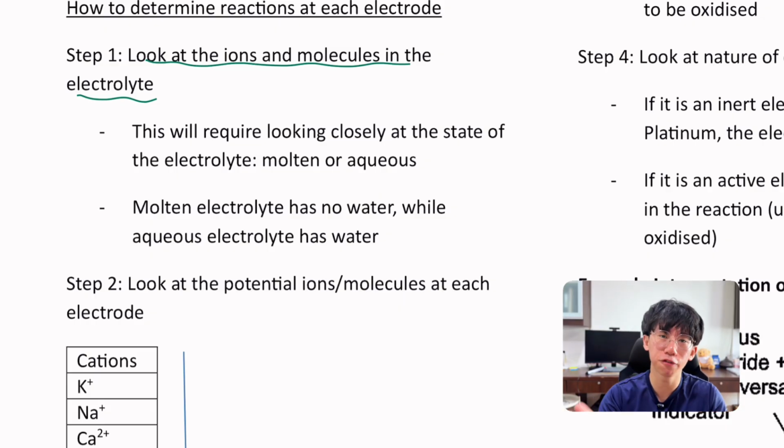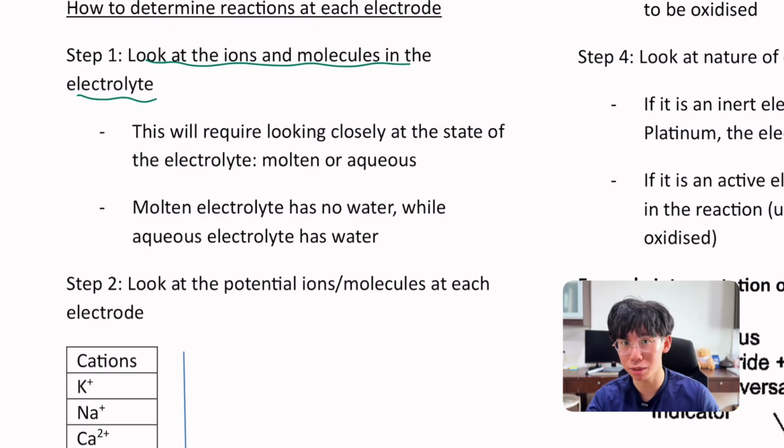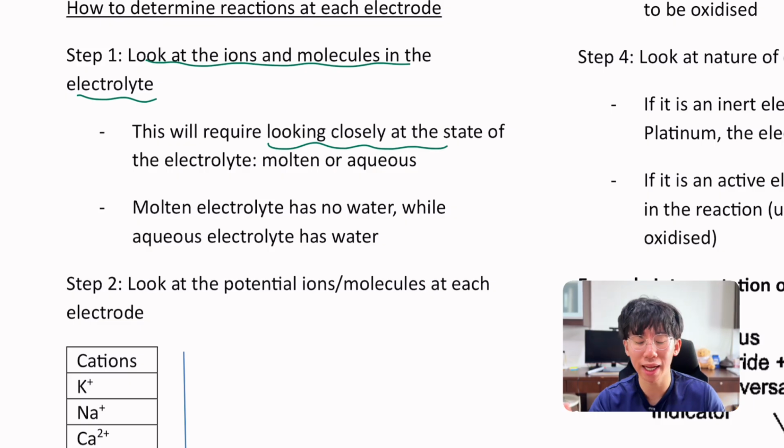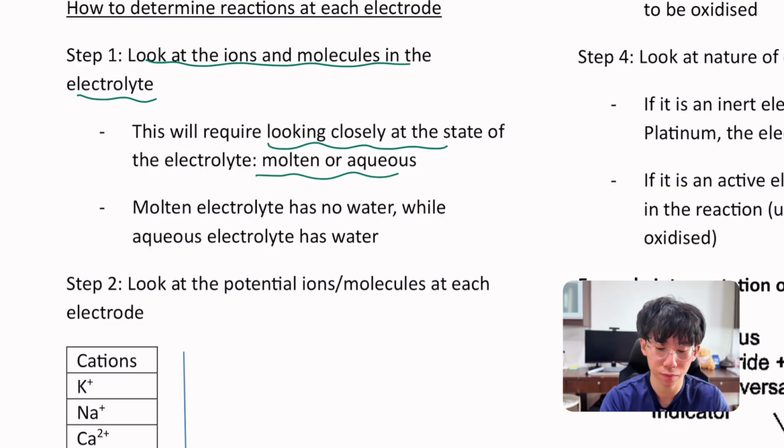If you want to identify specific reactions happening in the electrolytic cell, you're going to need to follow the following steps. Step 1, you want to first look at the ions and molecules in the electrolyte. So this will require looking closely at the state of the electrolyte. Is this molten or is this aqueous?